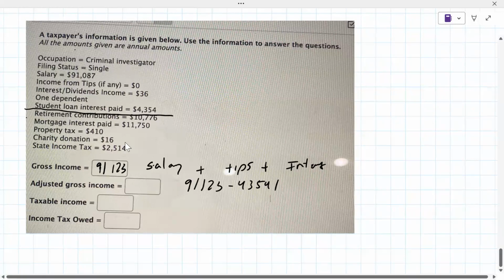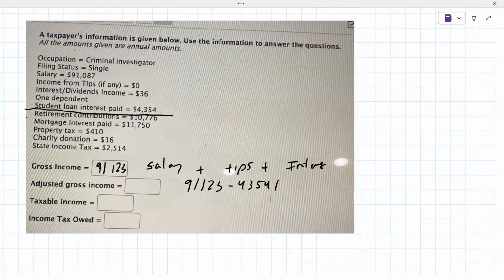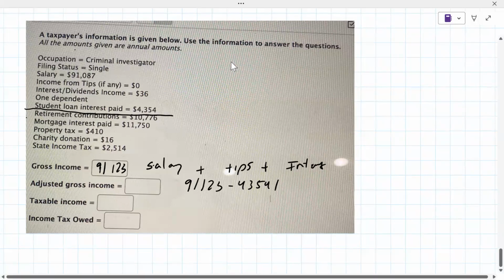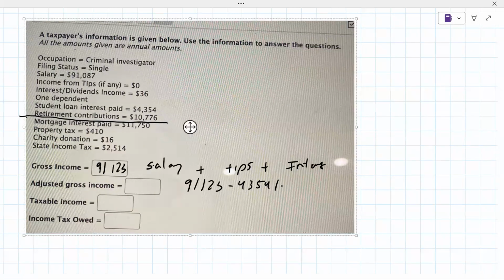I just saw that it said interest. The taxable income is deducted by, oh, I'm sorry. The retirement contributions also count. It should say pre-tax, but that's okay.